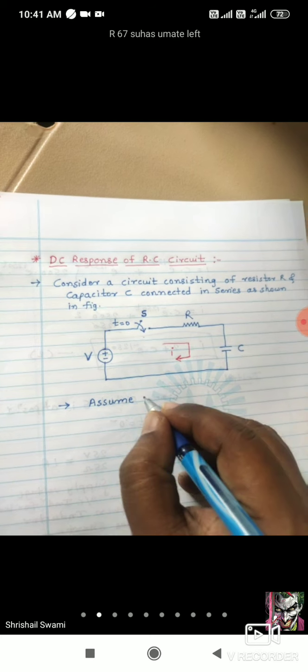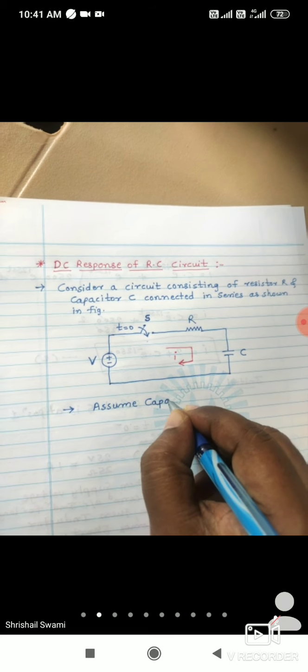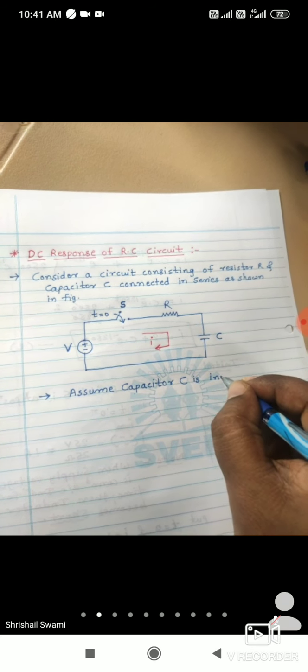Assume capacitor C is initially uncharged.